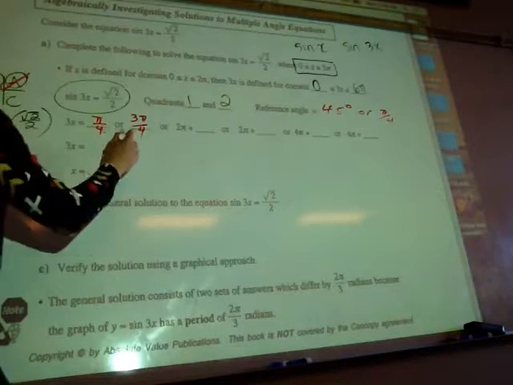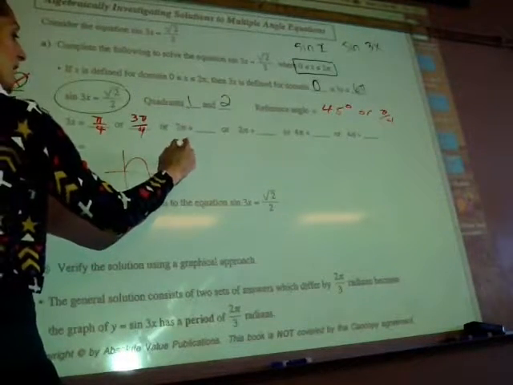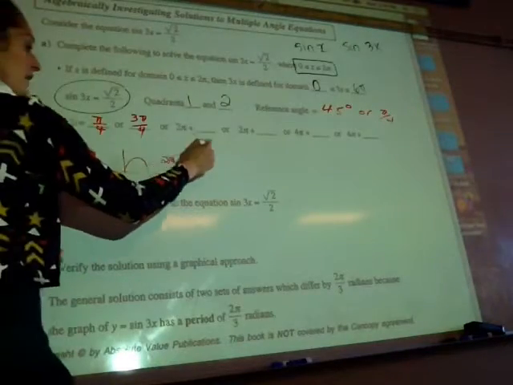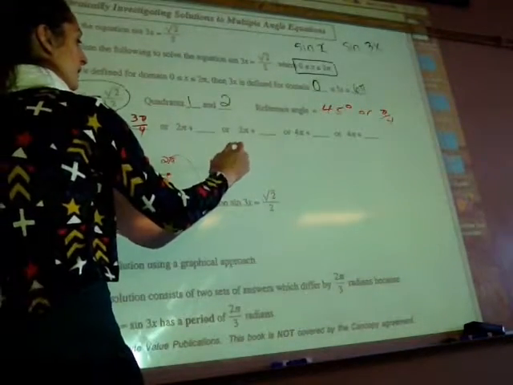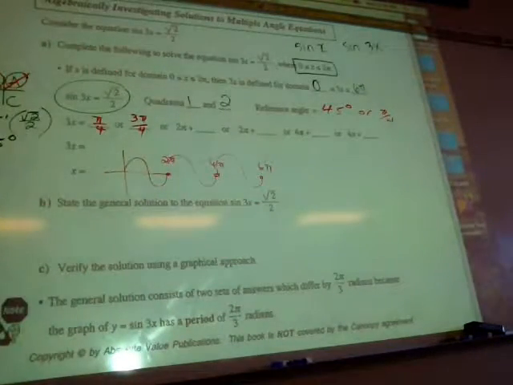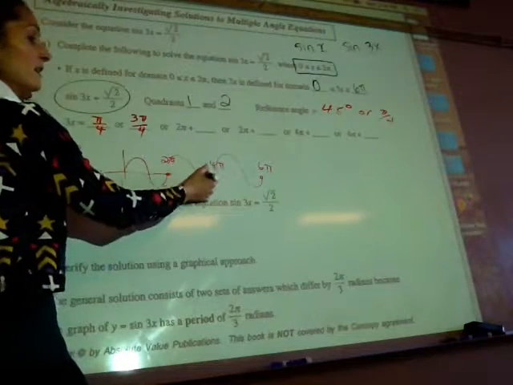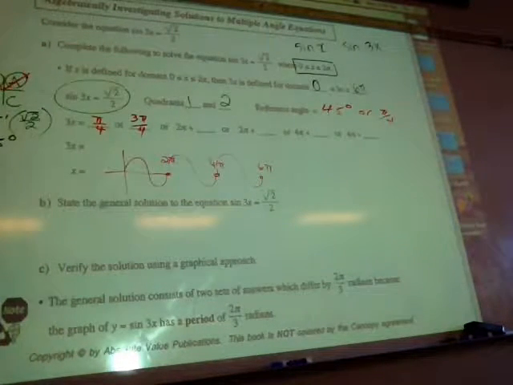So that's just for the domain 0 to 2 pi. We have to do another cycle to 4 pi, and then another cycle to 6 pi. To figure out our next solutions, we're going to have to add 2 pi to our previous solutions.